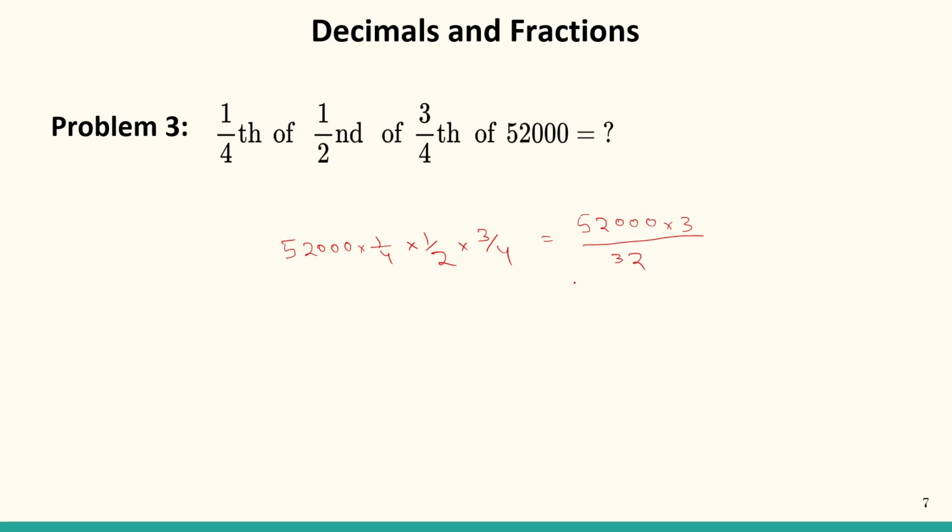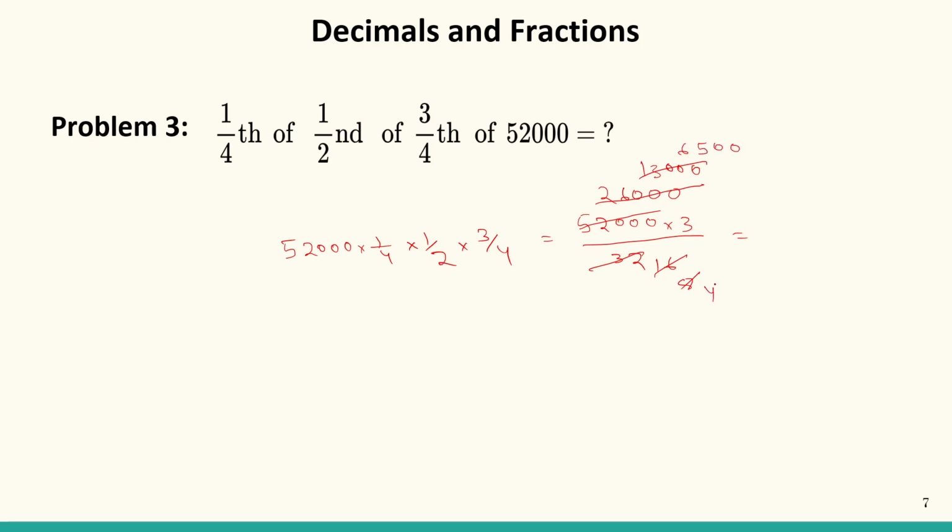Okay, so if we divide this by, this becomes 16, and this becomes 26000. If we further divide it, this becomes 8, and this becomes 13,000, right? Further dividing it, 6,500.